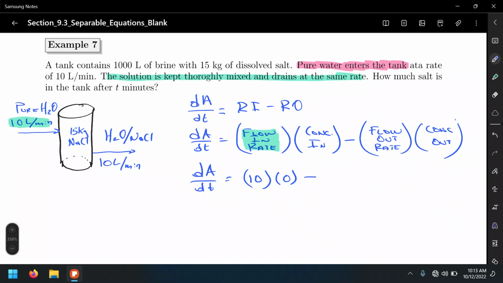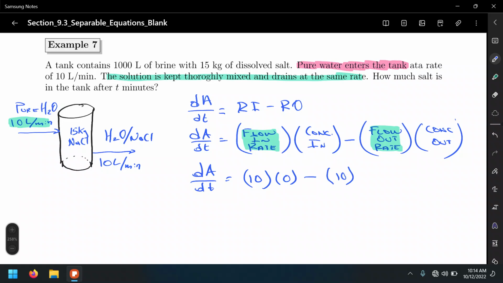Well, they're telling us it's coming out at the same rate as it comes in. So it's going to be the same rate, all right? And so that's 10 minus, in this case, the concentration out. But here is the thing.